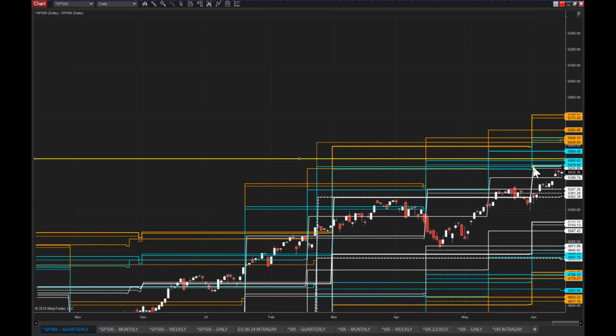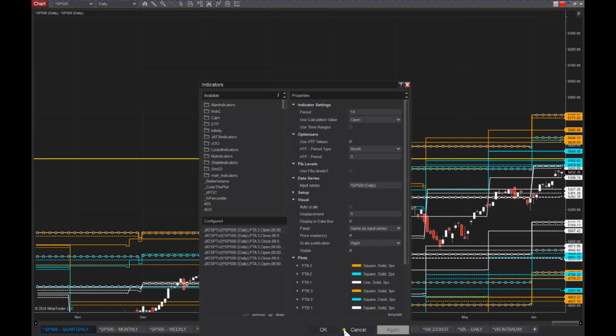So that confirms this level, this one might hold, and the market may not be able to get up there and touch it, is what I'm trying to say, right? So right here is your 3-month one on the open.